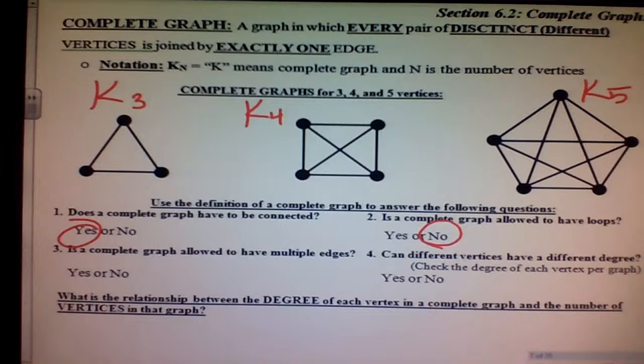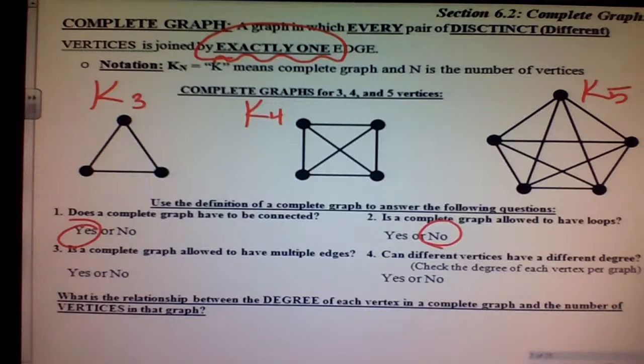Can a complete graph have multiple edges? Exactly 1. There can only ever be one line that connects 2 points.